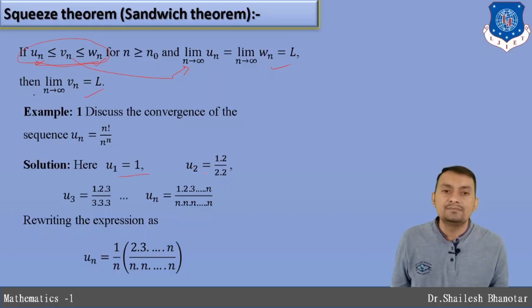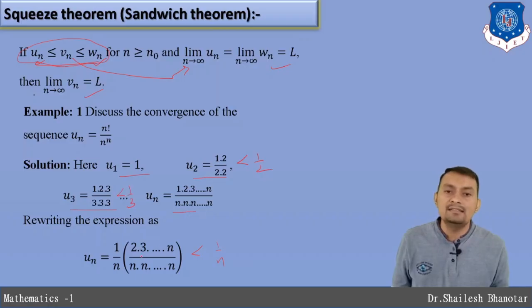So u1 is there, u2 can also be written because n is equal to 2, so you will be left with this one, u3 is there, u_n is there. But this number can also be written like this, and you can understand this is always less than 1 by n. Also you can verify this is less than 1 by 2, and also 1 by 3.